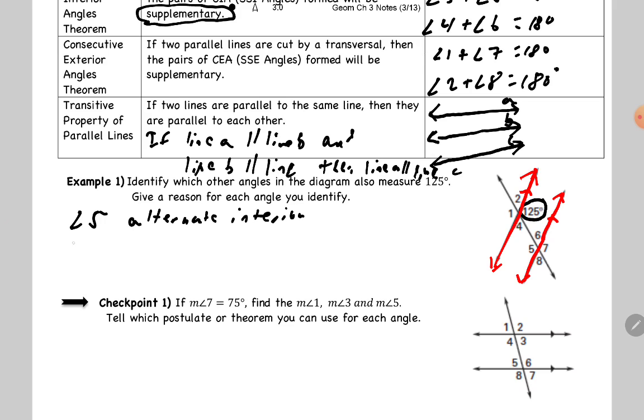Angle 1. If you look at angle 1 and 125 degrees, remember those are vertical angles. Vertical angles are opposite each other at the intersection, and they're congruent.